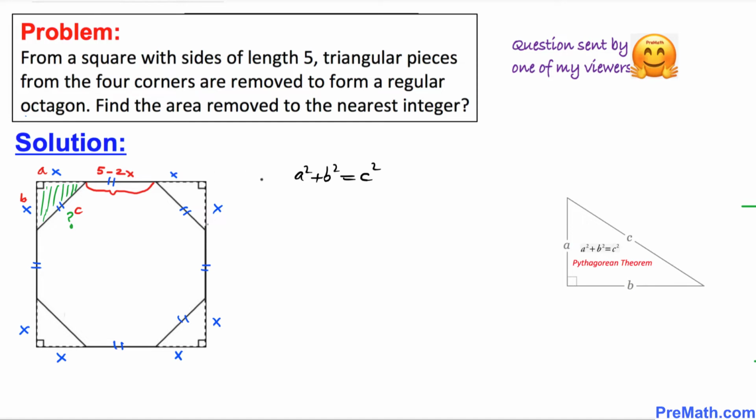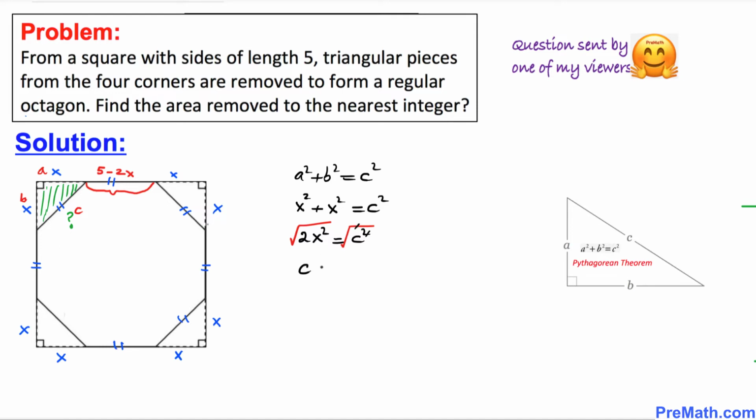In our case, a is x, which becomes x squared, plus b is x, that becomes x squared, equal to c squared. The left-hand side gives us 2x squared equal to c squared. Since we want to find c, I'm going to take the square root on both sides to remove the square of c. So c turns out to be the square root of 2x squared. You have to watch out here: we can split it up as square root of 2 times square root of x squared.